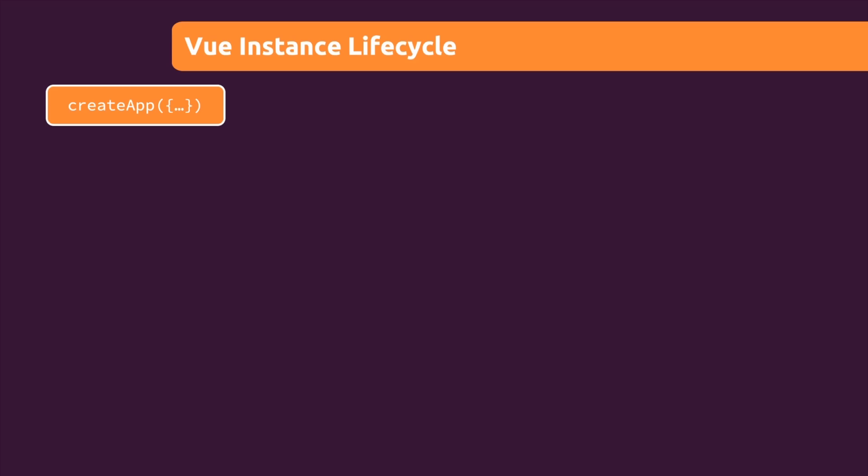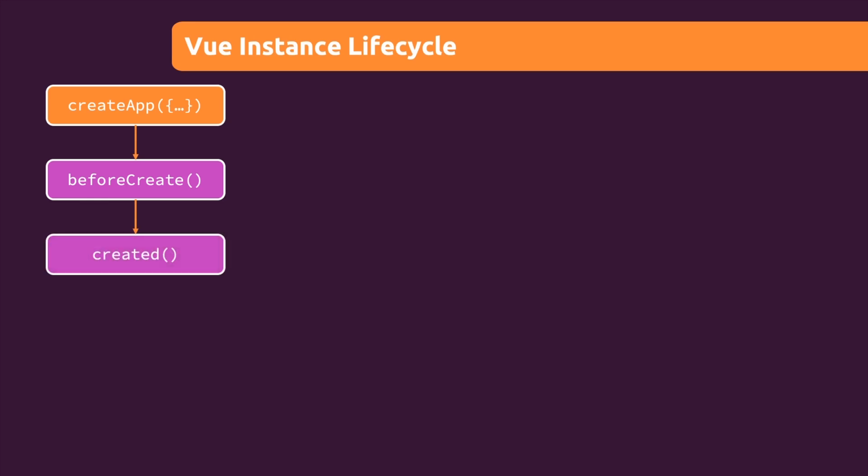For example, the first lifecycle hook that is reached is the before create phase. It's followed by a created phase. The difference is that before create is basically called before the app has been fully initialized, whereas created is called thereafter. At this point of time, we still have nothing on the screen though.